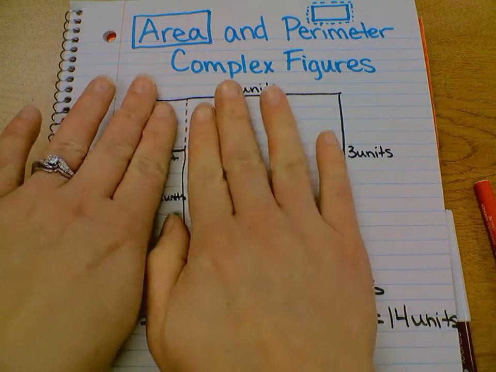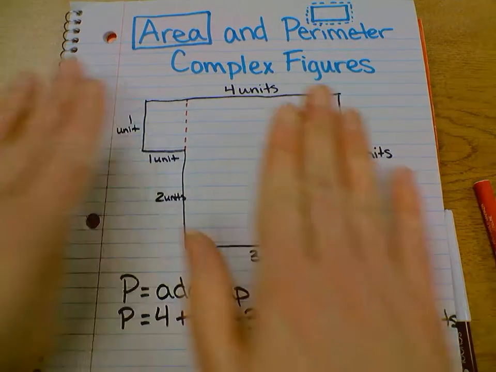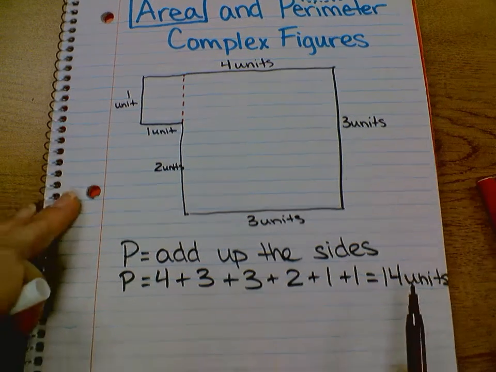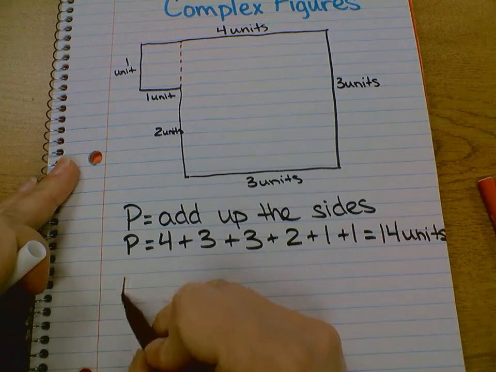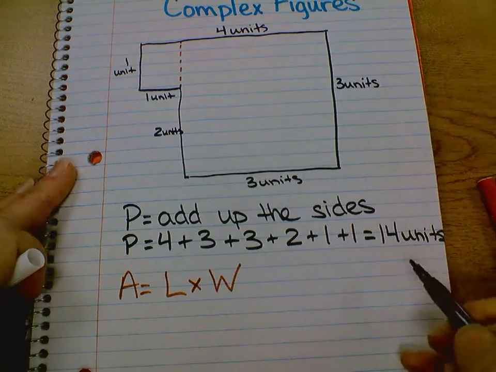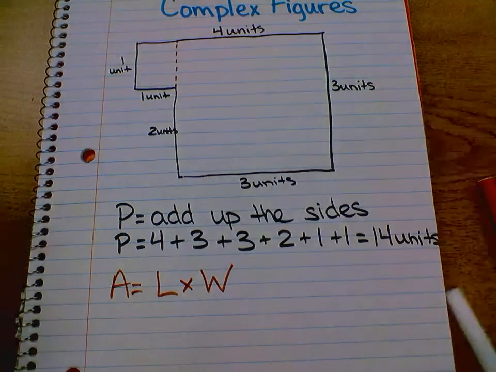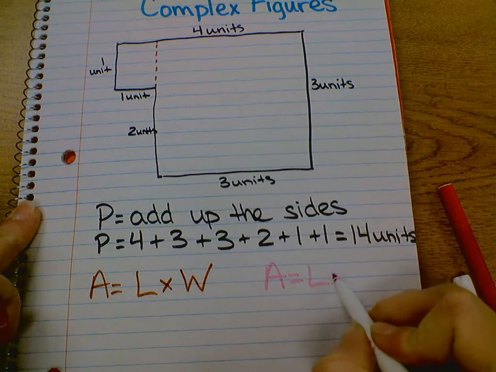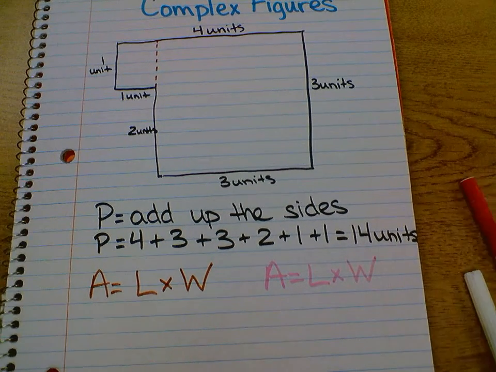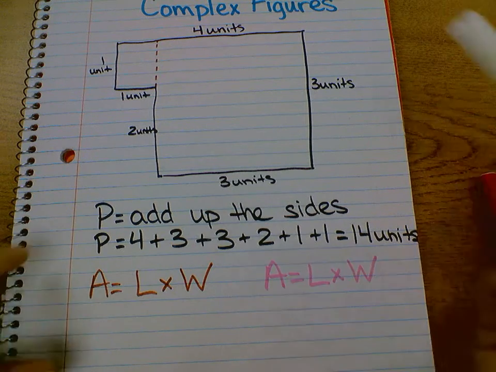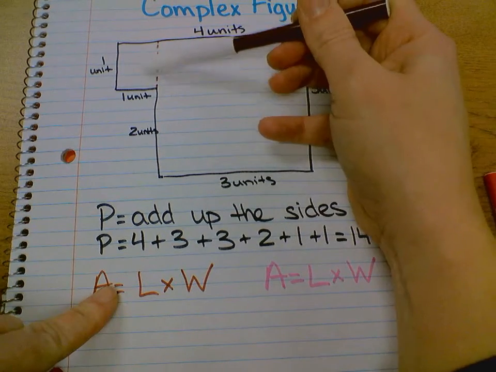Now, finding the area. The dotted line, again, is showing how I separated it into 2 rectangles. So what I'm going to do is apply my formula for area, which is length times width, but I'm doing it for 2 separate rectangles. So I'm going to use 2 different colors to represent me finding the area for 2 rectangles. So I'll first start with this little rectangle up here.